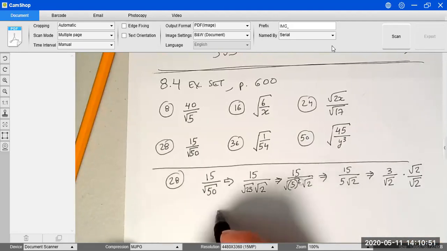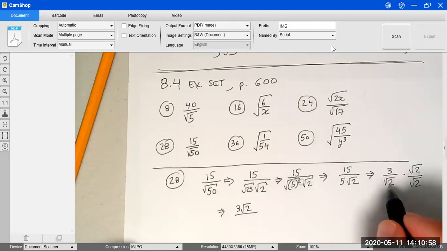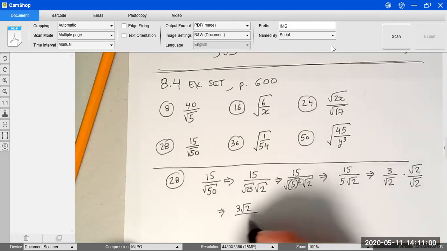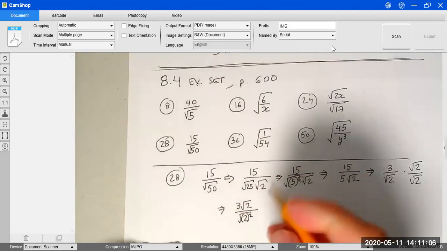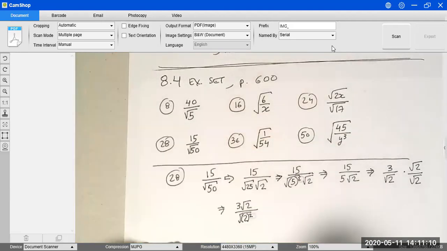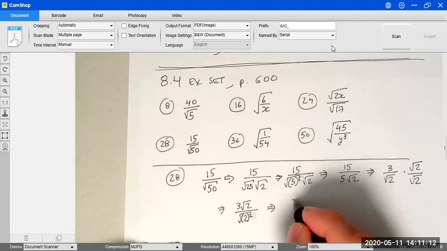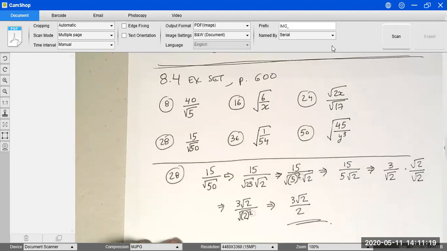So now we're going to get 3 times the square root of 2 over the square root of 2 times the square root of 2, which is just the square root of 2 squared. So now we're going to be able to cancel this exponent and this radical sign, and the final answer is going to be 3 times the square root of 2 over 2. So that's problem 28.